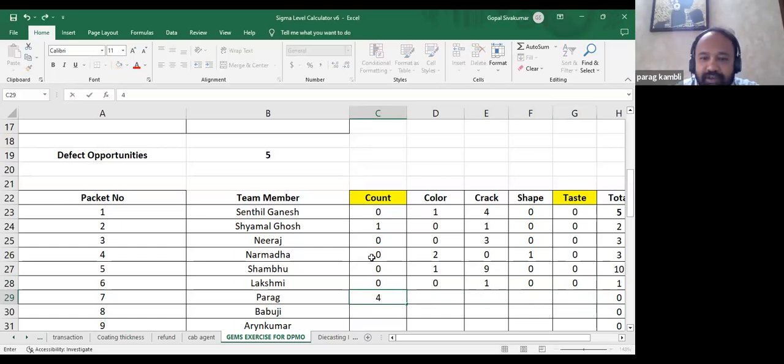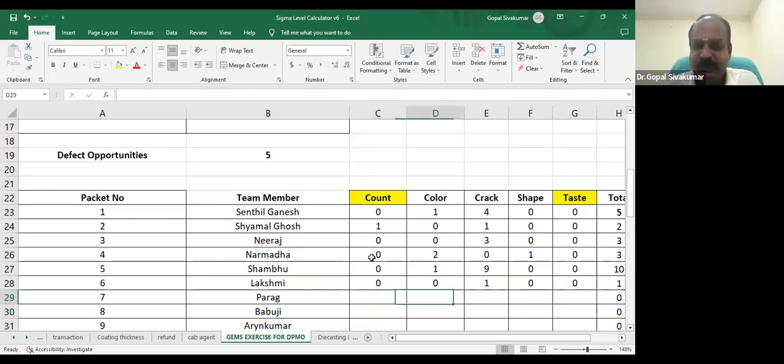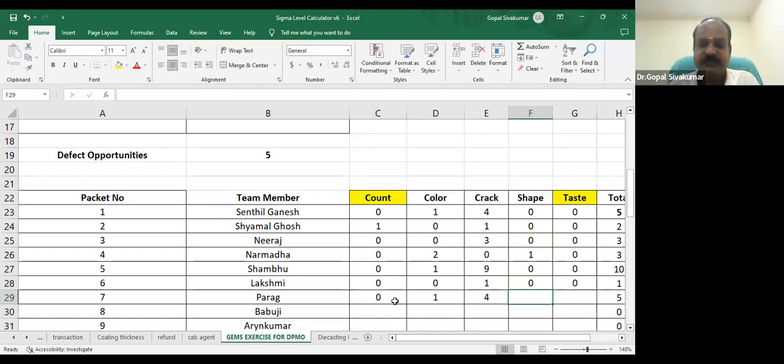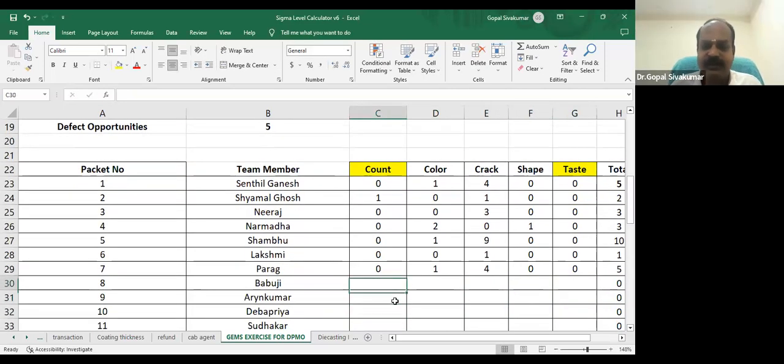One issue with the color. Please follow the order, otherwise I will get confused again. So count okay. Color 1. Crack 4. The rest is okay. Very good. Please remember the order and just convey the number.